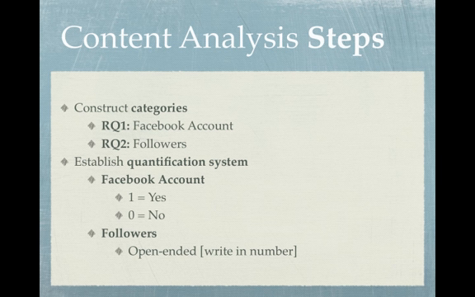The second step, the following step, deals with establishing a quantification system, and this is usually done by establishing a code book. Code books are found in two places. The first place is a code book as a form that explains and defines every single category to the coders.